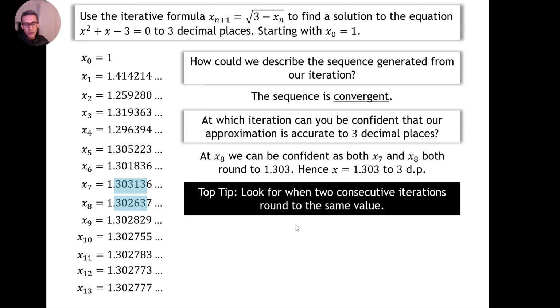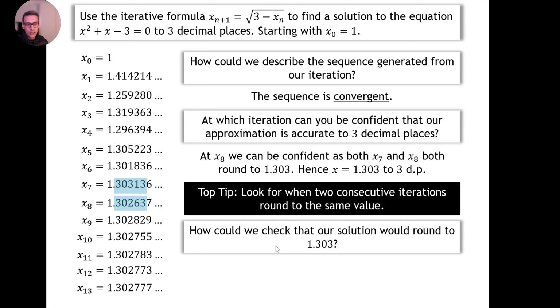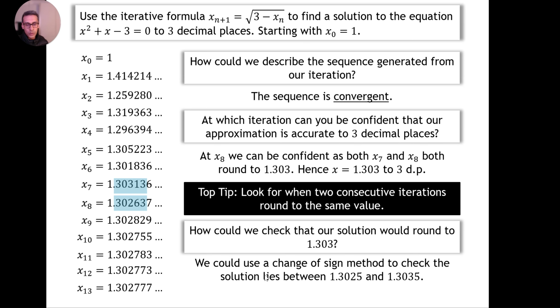So 1.303 is what our solution will be. So if you get a question like this, you wouldn't be expected to write every single answer, but you might be asked explicitly to write the first 3 values, and then you just keep pressing the equals button until it stops changing, and then that's going to be your answer.